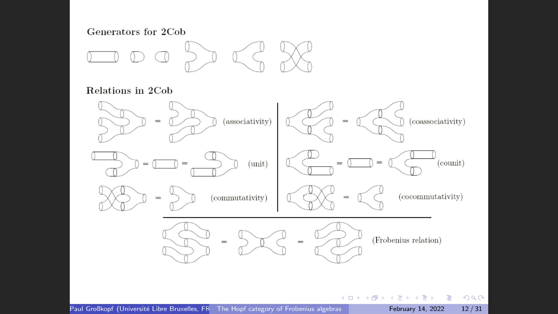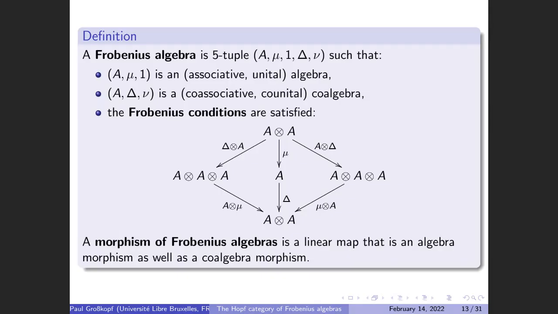So how do I define a Frobenius algebra? I define it by just using these conditions. In particular, a Frobenius algebra is a 5-tuple: a vector space with an algebra structure, with multiplication mu and a unit, and a coalgebra structure that is co-associative and co-unital.